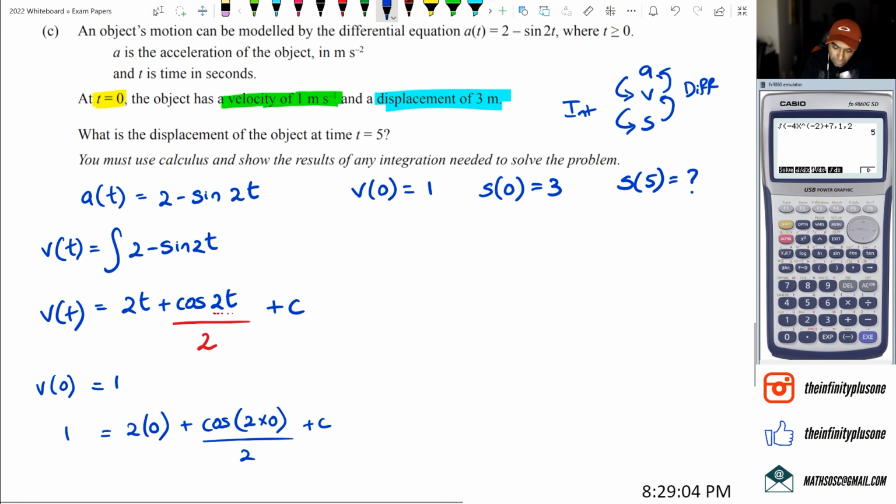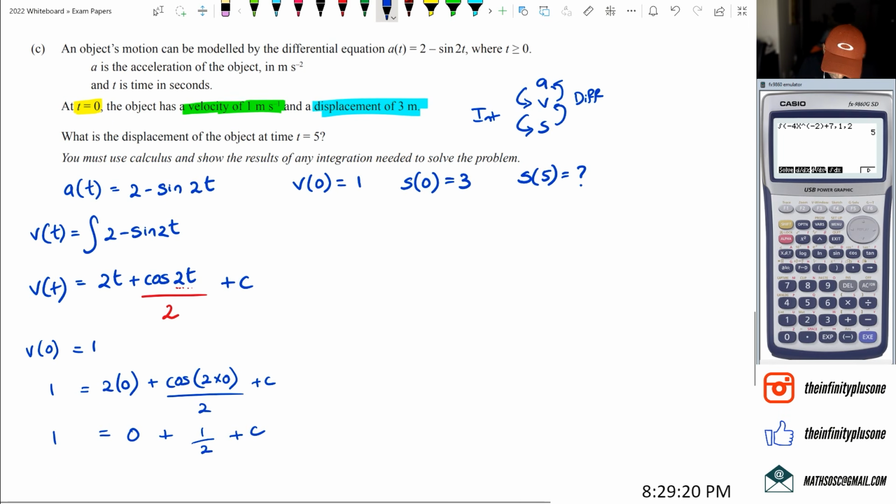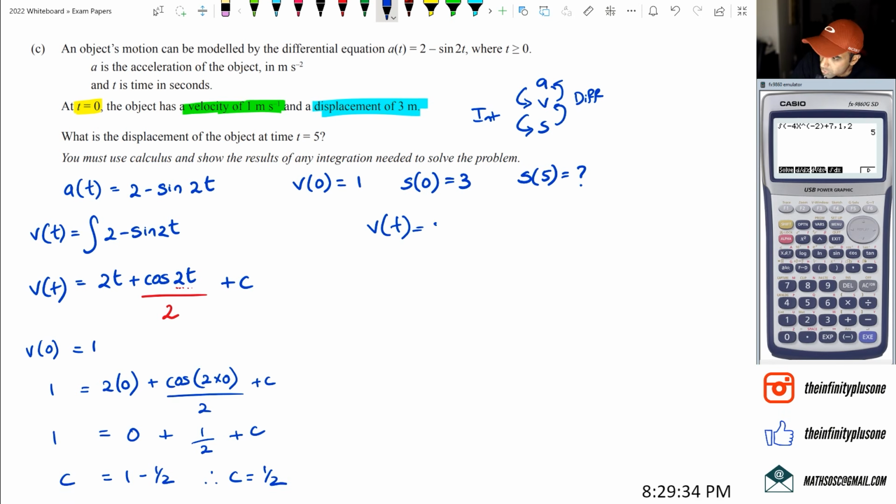Now we know that cos of 0 is equal to 1, and 2 times 0 is 0, so we get 0 plus cos of 0, which is 1 over 2, plus c. Because of that, c is equal to 1 minus half. Therefore, c is equal to positive half. So what we've got right now is the velocity function: 2t plus cos 2t over 2 plus 0.5.